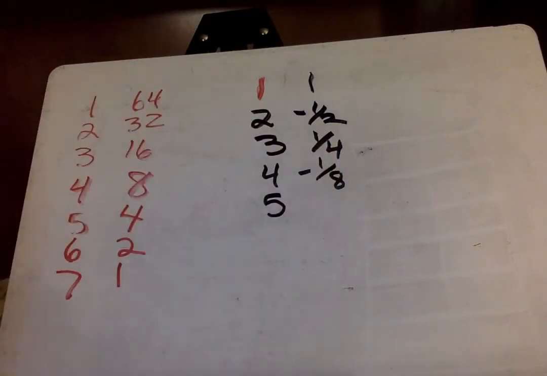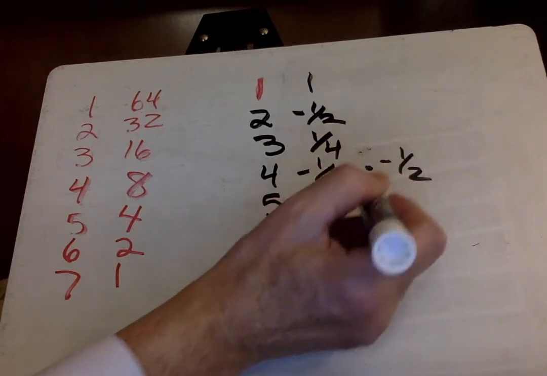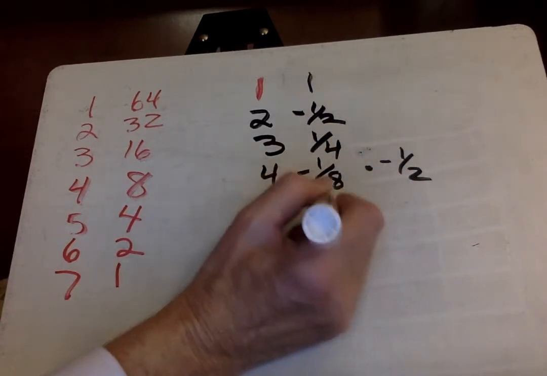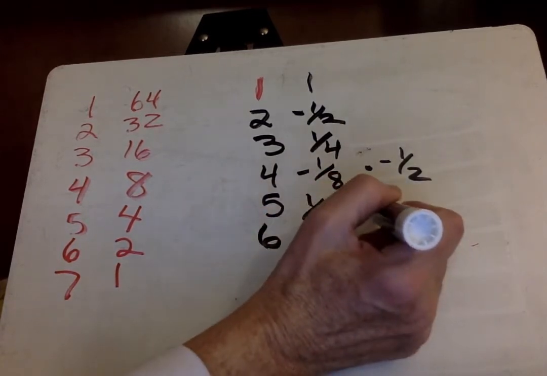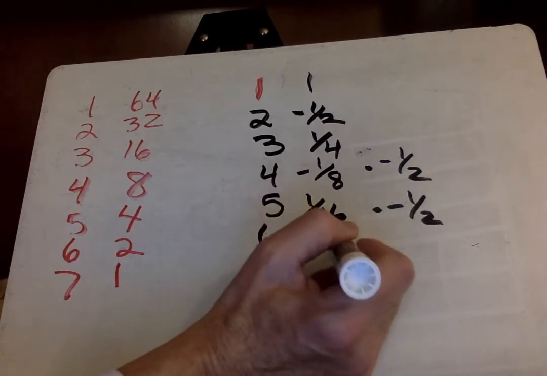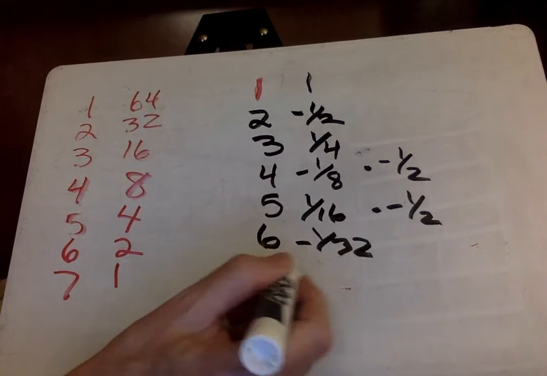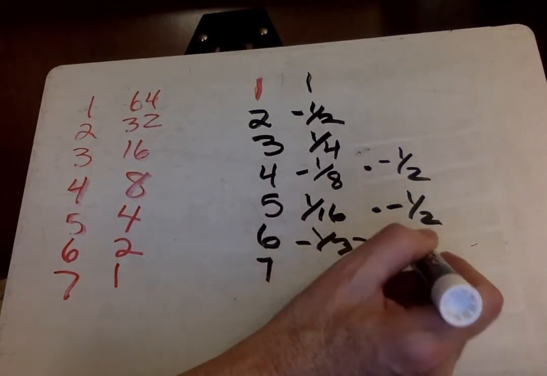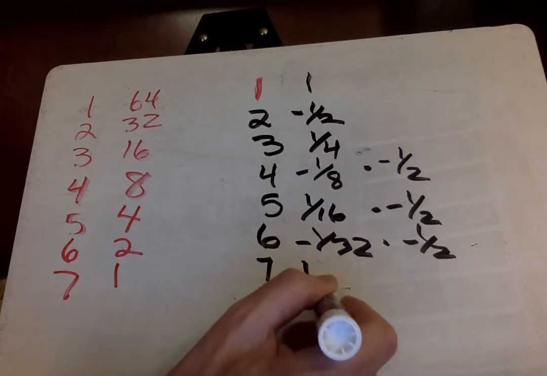Fifth term, if I'm multiplying by -1/2, I take the previous times -1/2, and that's 1/16. Sixth term, I'm taking that, multiply by -1/2. That's -1/32. So then our 7th term, times by -1/2, and we get 1/64.